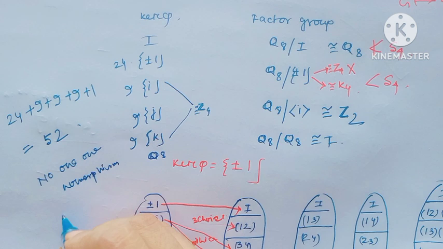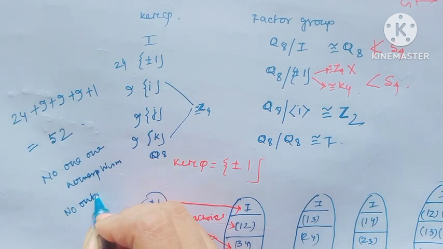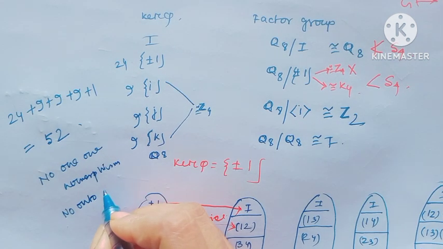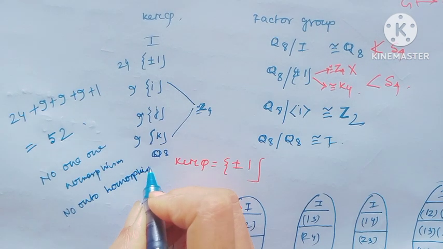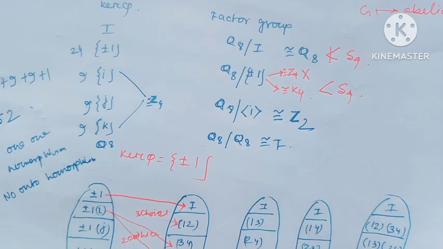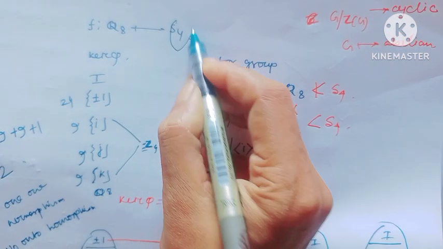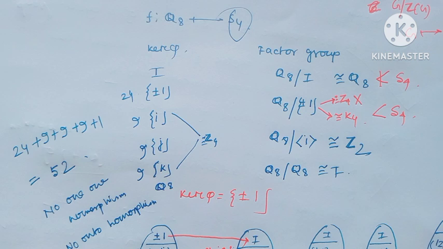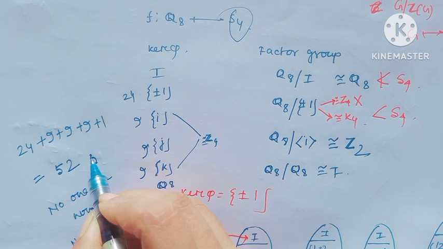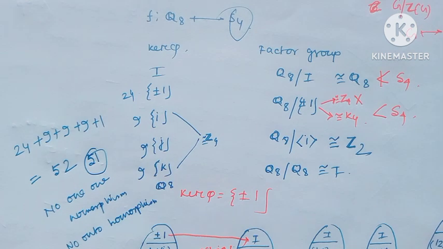Similarly, no onto homomorphism, because when the image is isomorphic to S4, then the homomorphism would be onto. There exists no onto homomorphism. There exist 52 homomorphisms, and if the question is how many non-trivial homomorphisms exist, this would be 51.